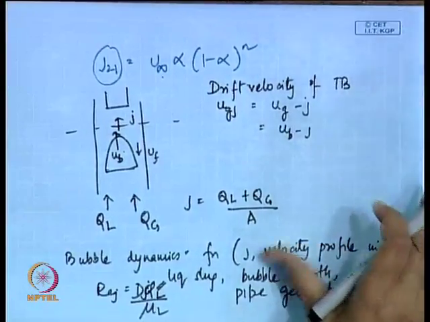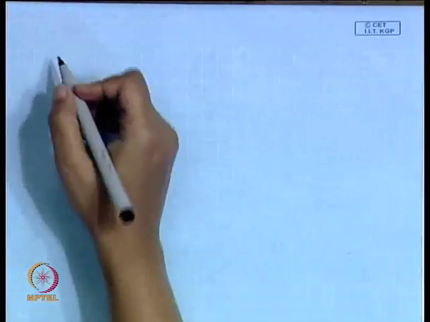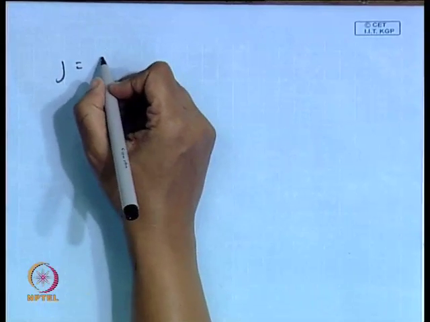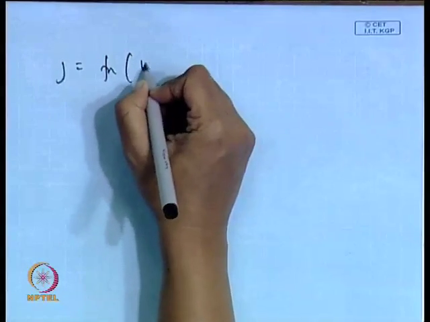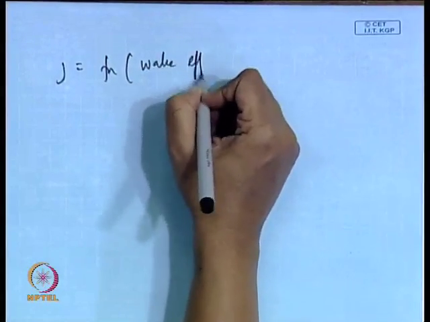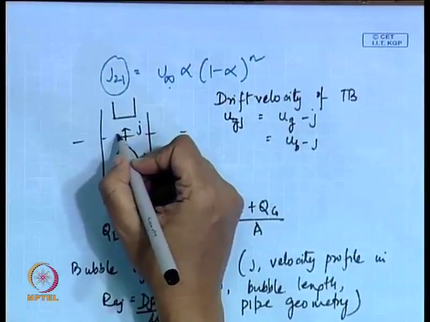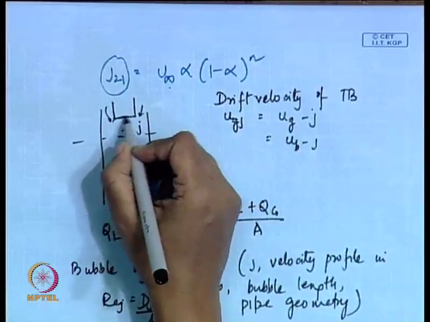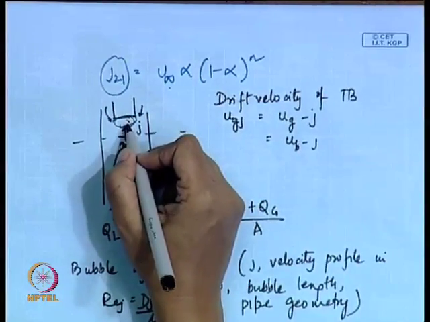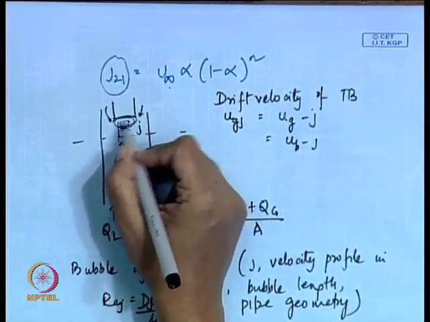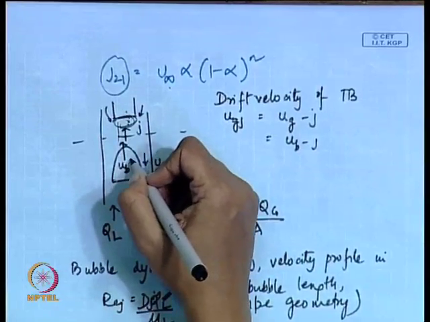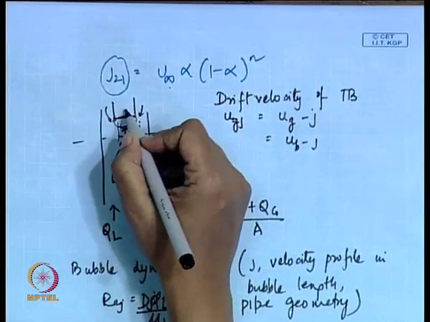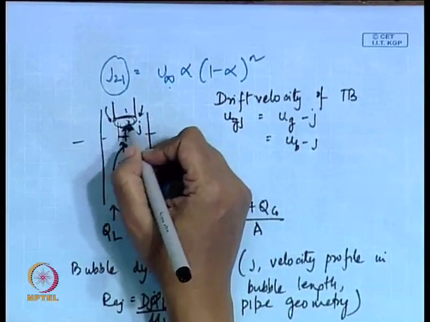And again we find, on what does this J depend? This J depends upon the wake effect from the previous bubble, because whatever the previous bubble was there, there is a wake behind the bubble due to the falling of this liquid film and mixing here. So, therefore, if the liquid slug is not large enough, this wake effect will affect this bubble, and anyhow this wake effect will affect the liquid slug here.